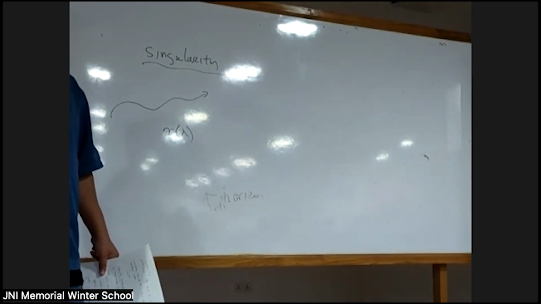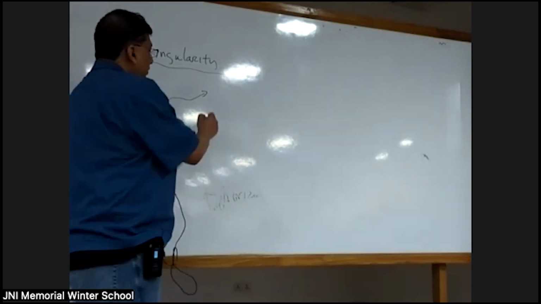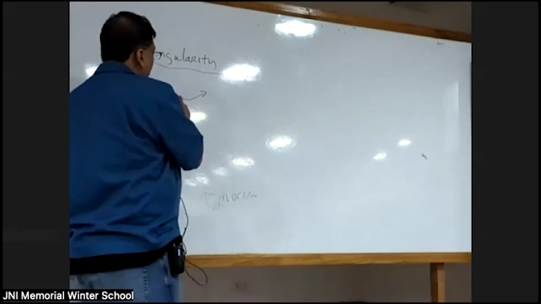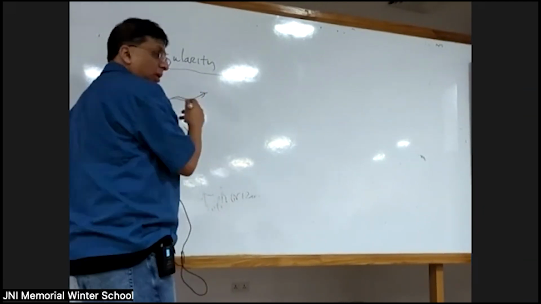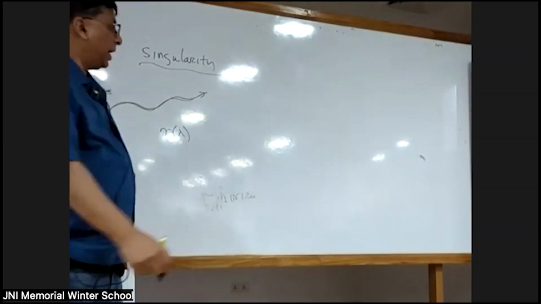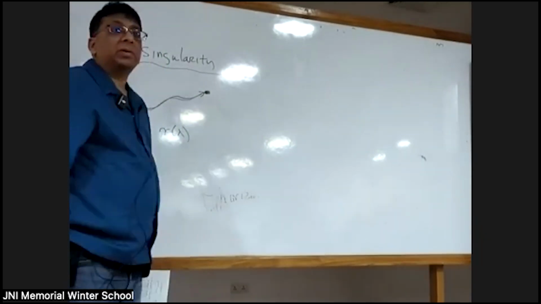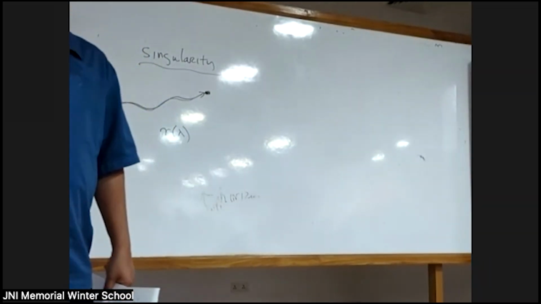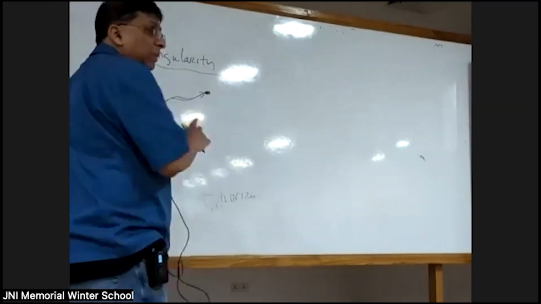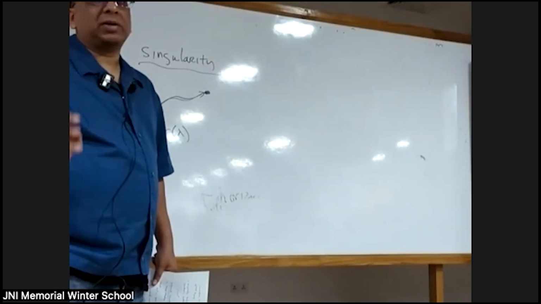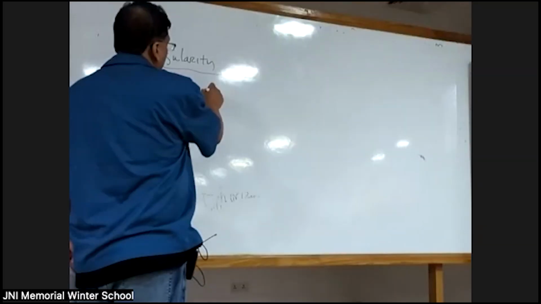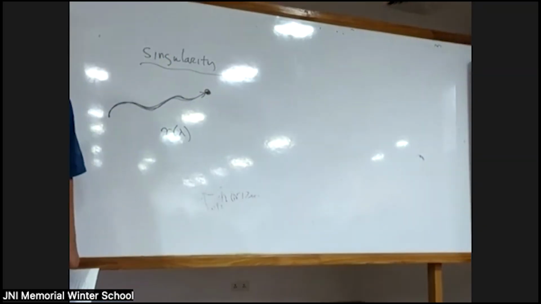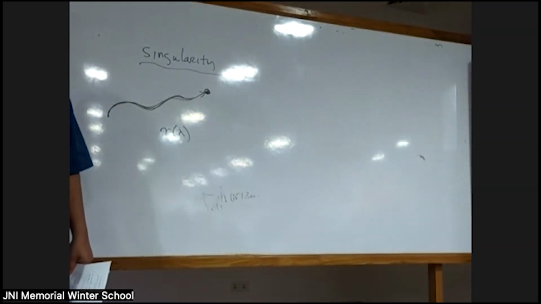A singularity means that if you go along this geodesic path, it stops at some point. You cannot extend it beyond some lambda naught. Whenever your geodesics stop, that's a singularity for us.